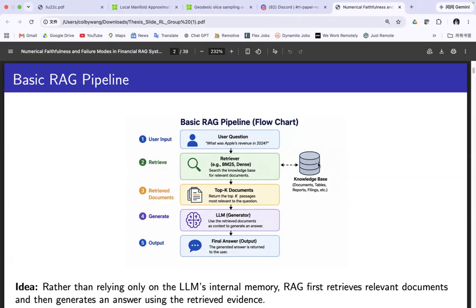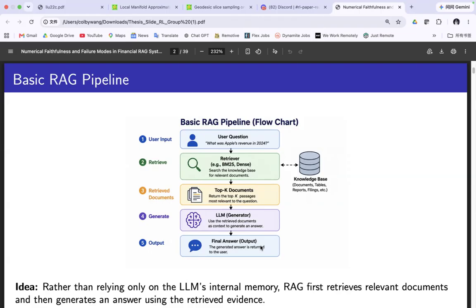Because the document is so big, we have to divide it into chunks. Each chunk is probably just a bunch of sentences. After we retrieve the top K chunks or top K documents, we feed them into a large language model, and the large language model will use the documents to generate an answer and produce the output. The generated answer is returned to the user.